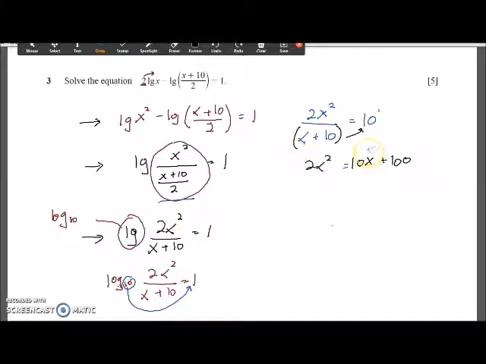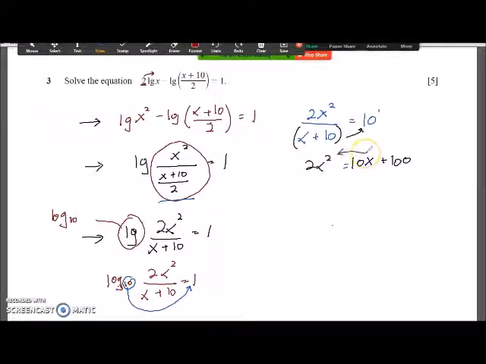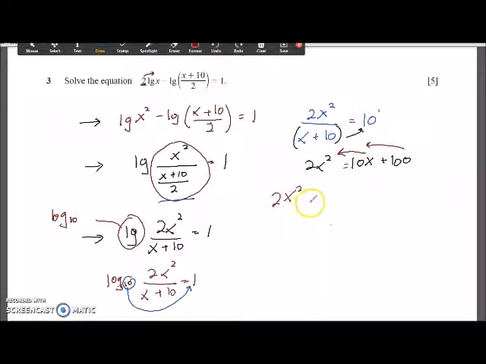We move both sides to the opposite. It will become 2x squared plus 10x minus 100 equals to 0. And we could factorize the 2. It becomes x squared minus 5x minus 50.